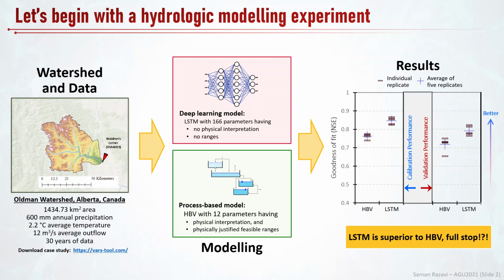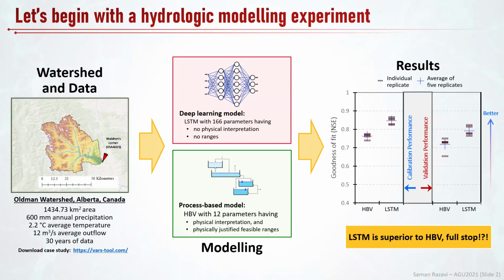A strong assumption in this type of validation is that the conditions under which the model will be used will be similar to the conditions under which the model has been developed and calibrated.